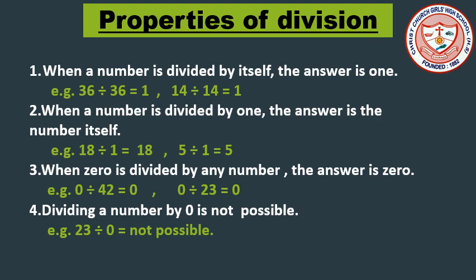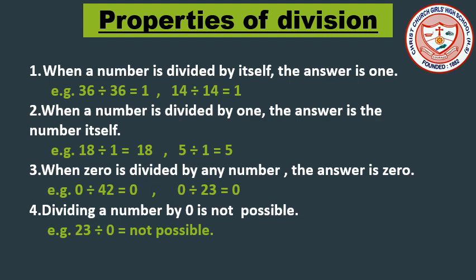So here 0 is divided by number 42, and the answer is 0. Got it? Similarly, if 0 is being divided by 23, then also the answer is 0. Girls, do you remember? We have learned a point in properties of multiplication about 0.